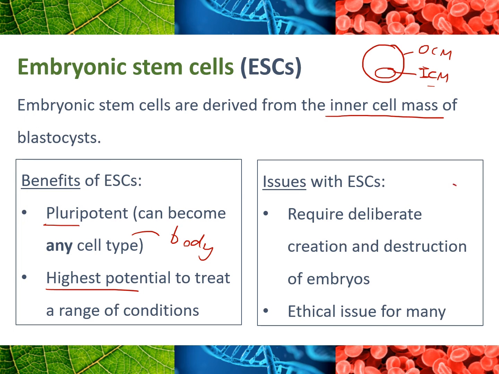Many people would argue that an ovum that has been fertilized with a sperm is not really yet a living thing. It's a fertilized cell. And if we let it grow to this point, it's still just a bunch of fertilized cells. Other people would say that is the beginning of life, and that you shouldn't destroy that. So it has become a bit of an ethical issue.